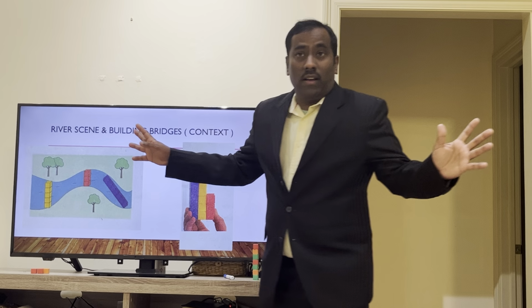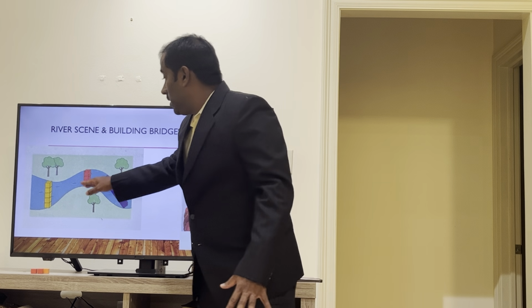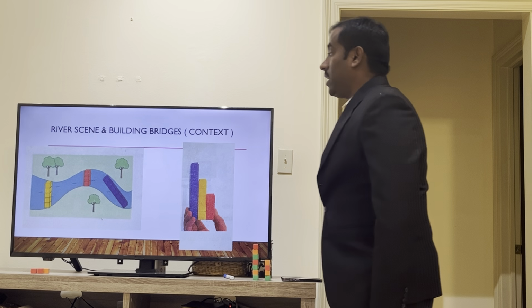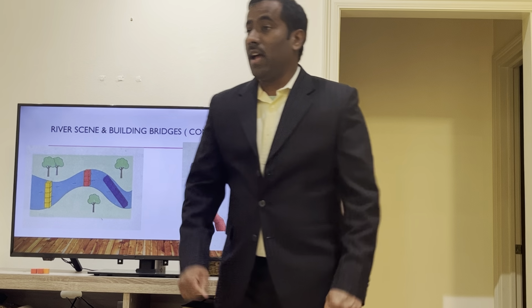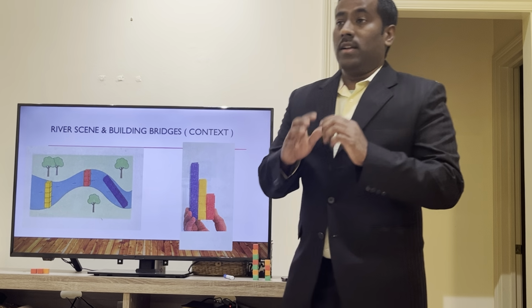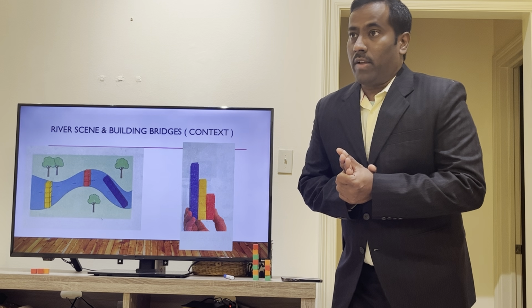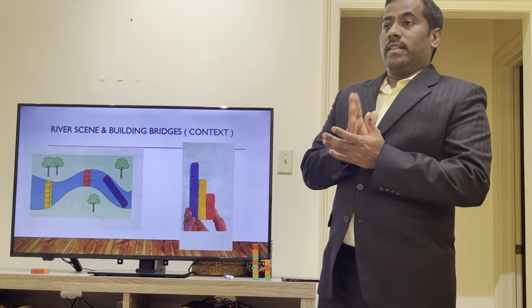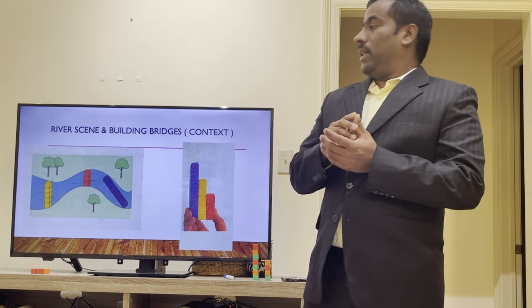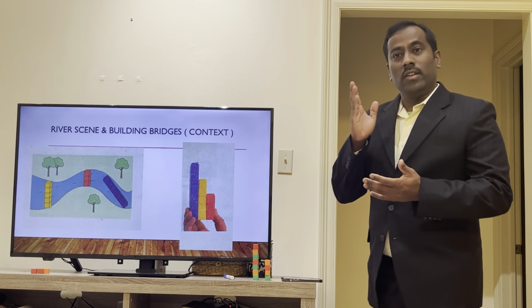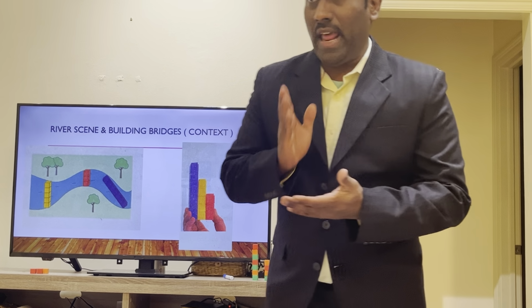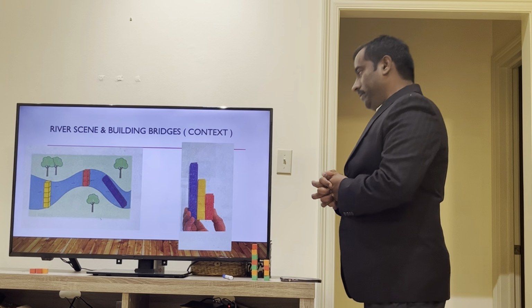Probably you can think that there is a bear standing right here trying to cross the river. Alright? So at this time, everybody take the Ziploc bag that I've given. You can see the number cubes. I wanted you to build the bridges. The time starts now. Go ahead.